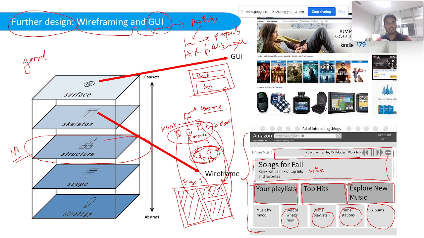Okay, so once we arrive at the skeleton like this, this is information architecture, this is wireframe. Now once we arrive at the wireframe, then we can hire someone, or we ourselves can design the graphics part of it. So you can create graphical content and then put it here to represent Hindi movie.